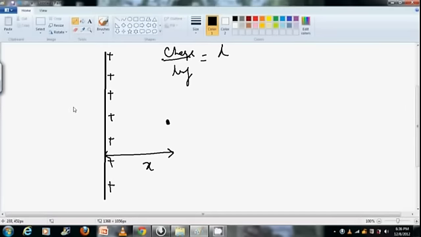Now I can use Coulomb's law. If you go back to chapter 3, in which we derived the electric field for some complicated objects, in a similar manner we could take a small length here, find the electric field in this direction, then take its components along this direction and this direction, and integrate over all the small points from minus infinity to plus infinity, and we will get the answer.